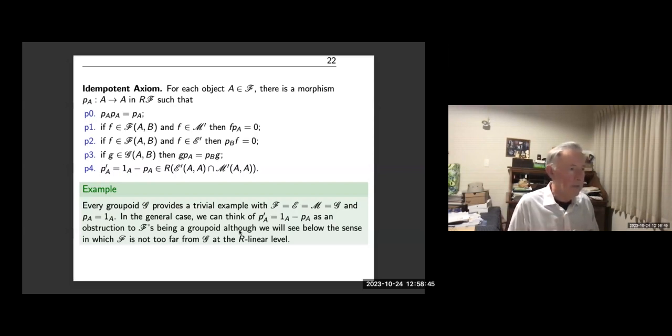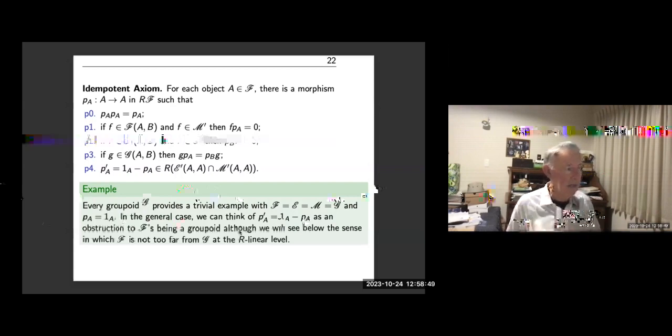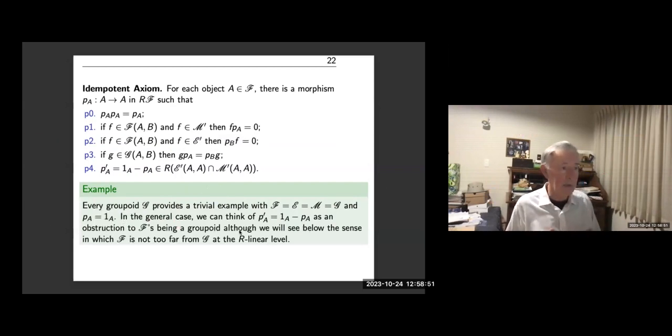It's got this property that if you compose on the right with something that's not in N, you get 0. And if you compose on the left with something that's not in E, you get 0. And it should be natural in the invertible things. And then this bottom one's really the strong thing. It looks a bit of a mystery, but that's where we get the main theorem.